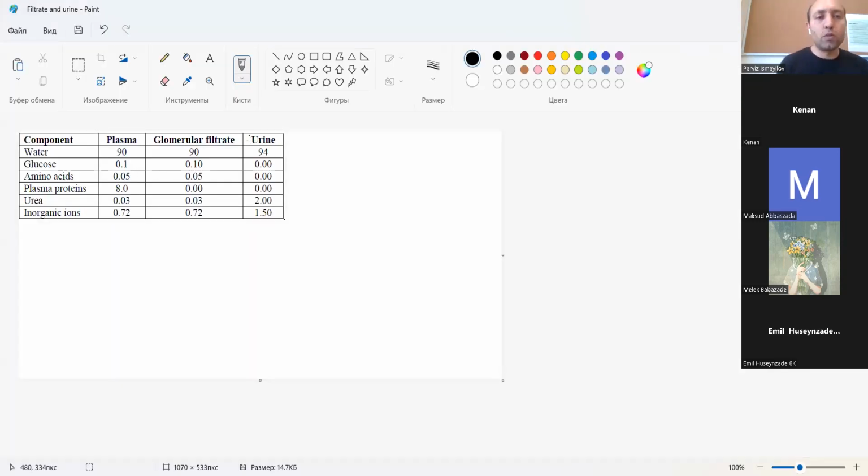So in this process, you can see the difference between urine and glomerular filtrate. Guys, as you see, in the first part, you can see blood plasma. In blood plasma, we have nearly, let's say, 90% water.